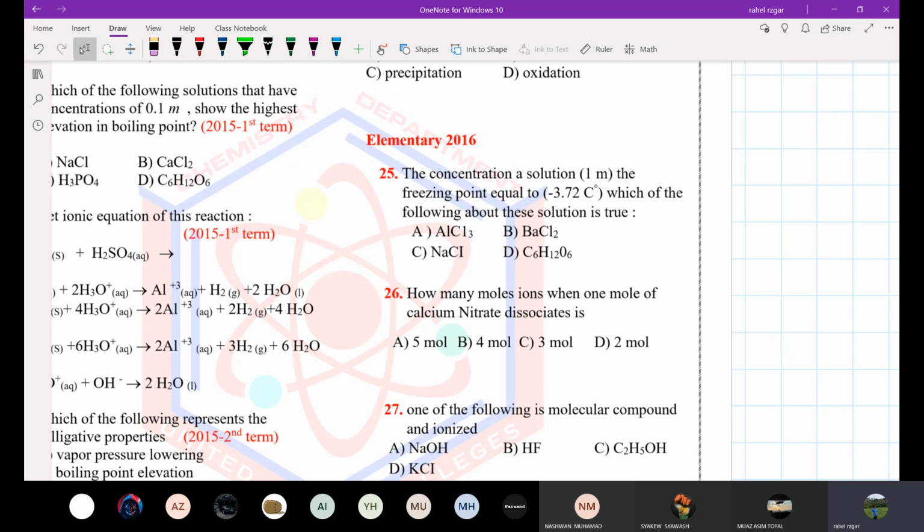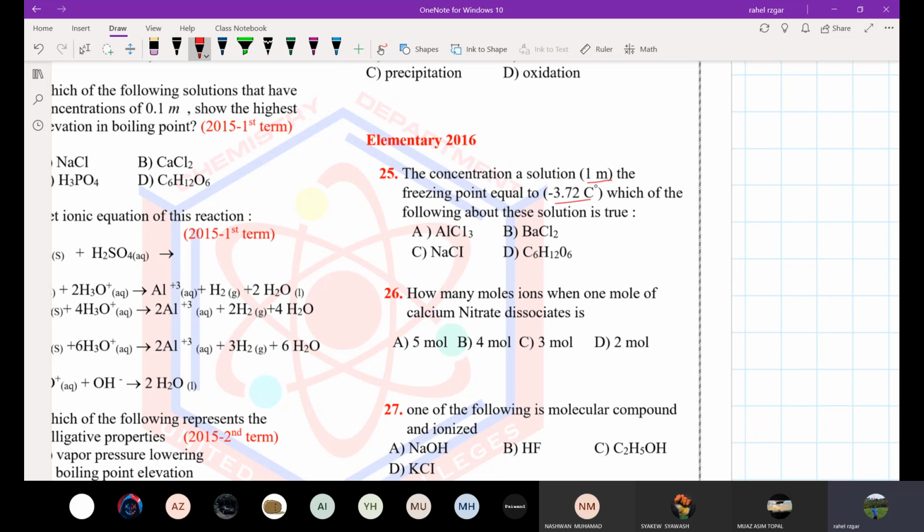If you look at this question very carefully, what is it actually asking? What do you have to find in order to answer this question? Factor. Very good. We have molality, and you know Kf.